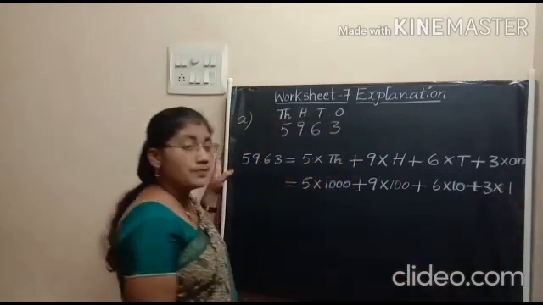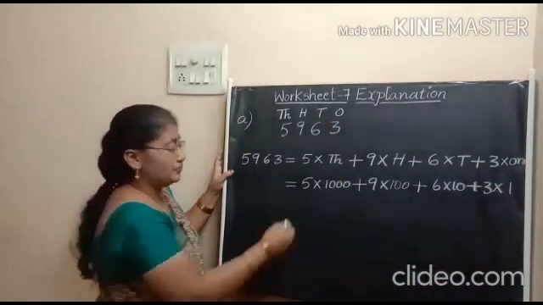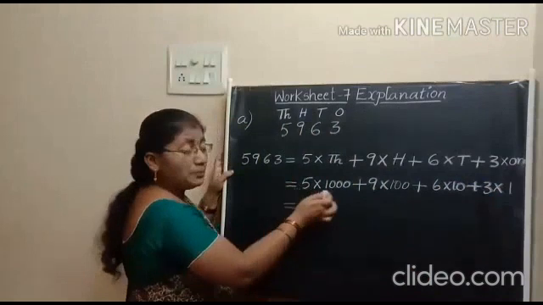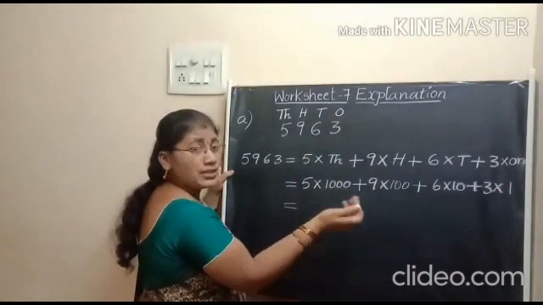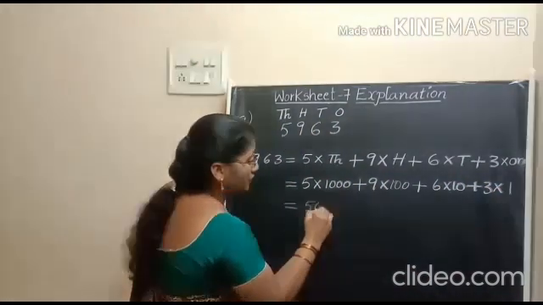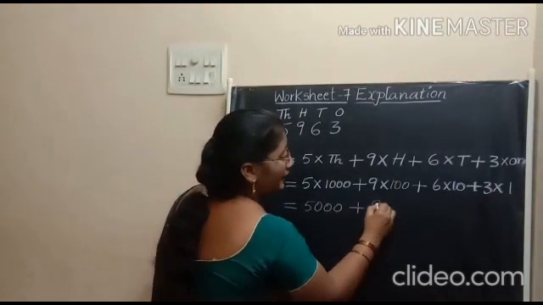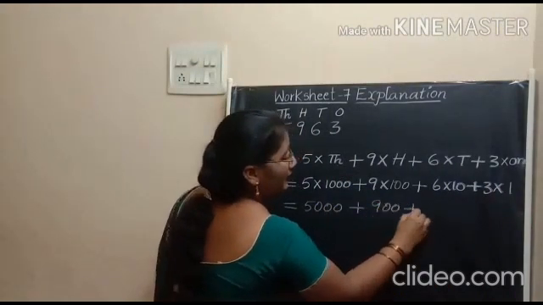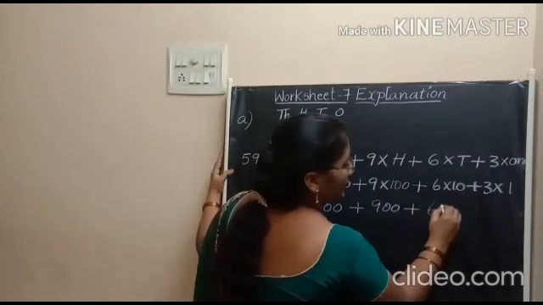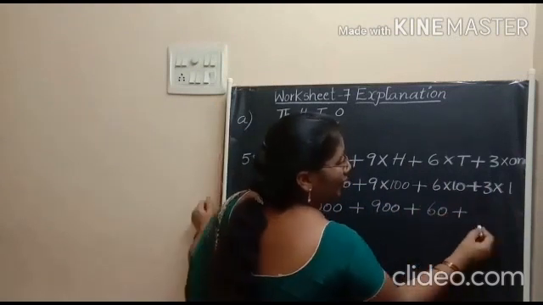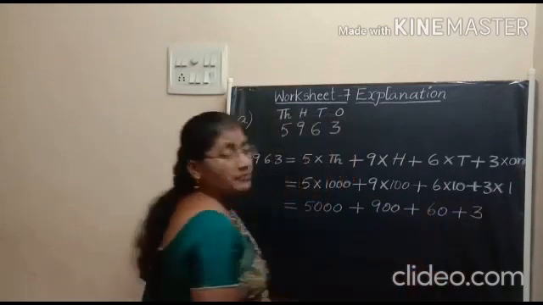We should use 1. So, by multiplying these, 5 into 1000 we get 5000, plus 9 into 100, 900, plus 6 into 10, 60, plus 3 into 1, 3.